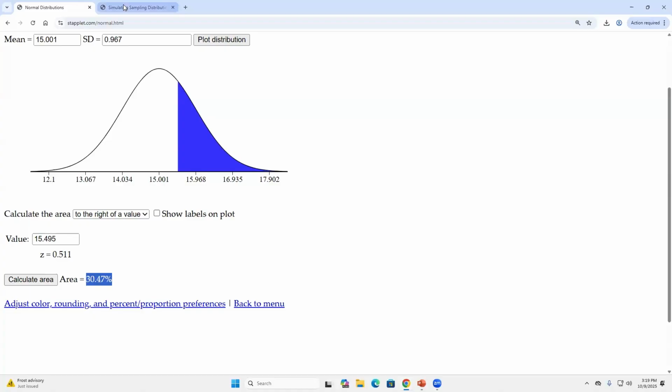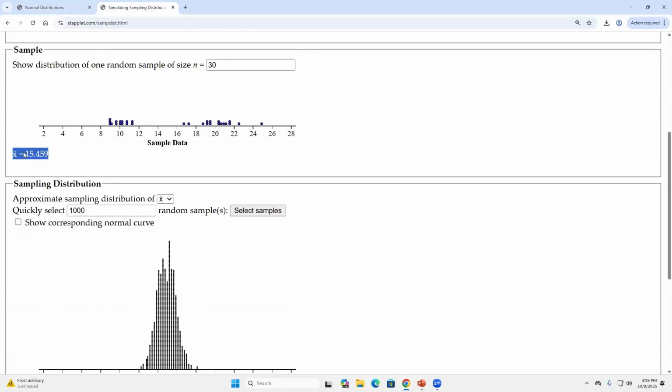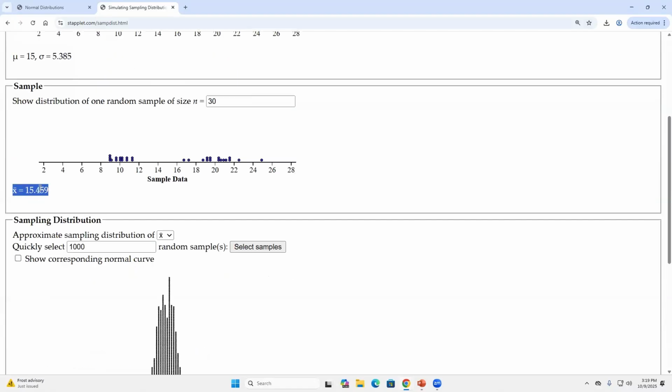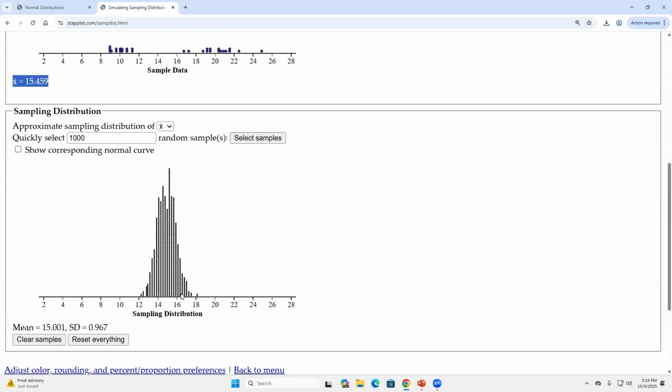Importantly, though, I can do that because this sample, even though it came from this non-normally distributed population, this sample now belongs to this normally distributed sampling distribution, this normally distributed distribution of sample means, and that's why we can start doing stats with these tools.